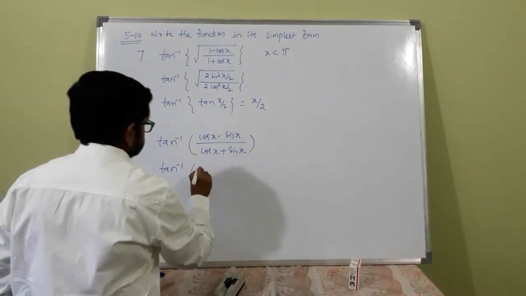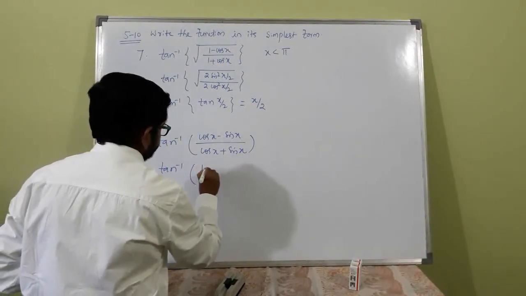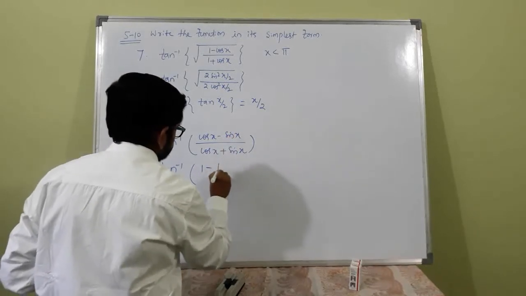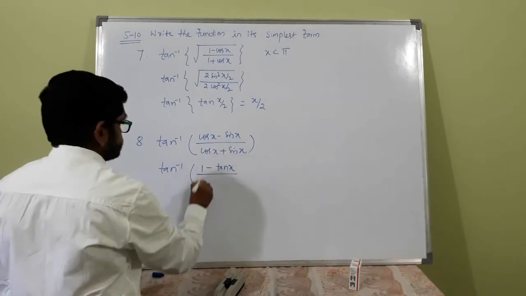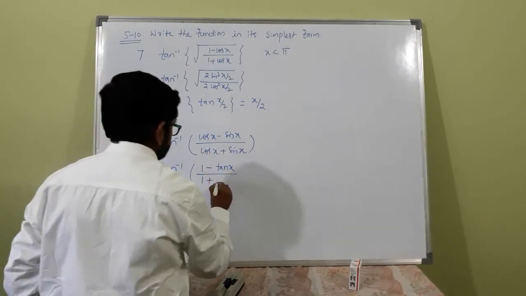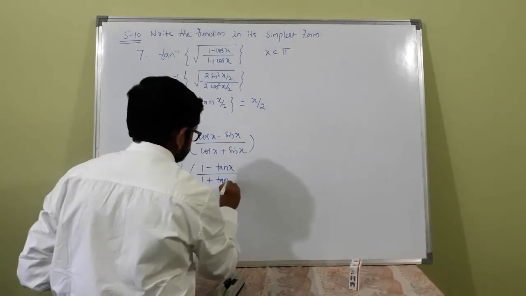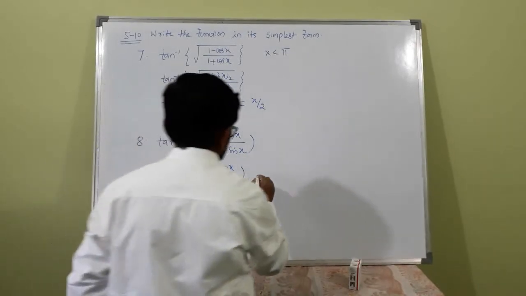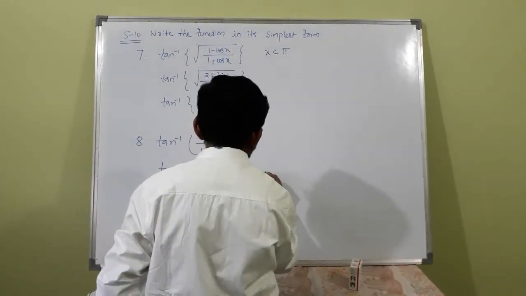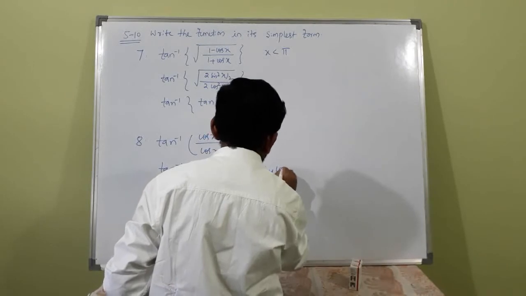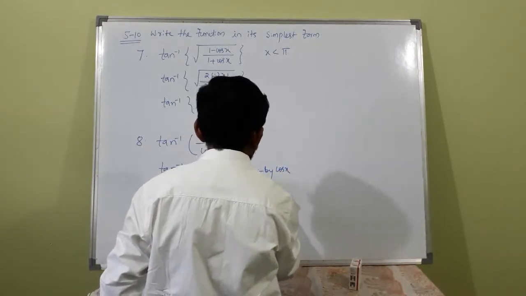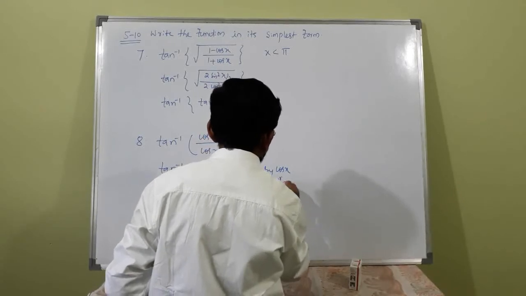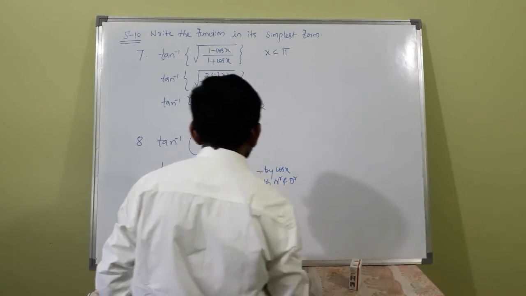Cos x by cos x is 1, sin x by cos x is tan x, divided by cos x by cos x 1, sin x by cos x tan x, dividing both numerator and denominator by cos x.